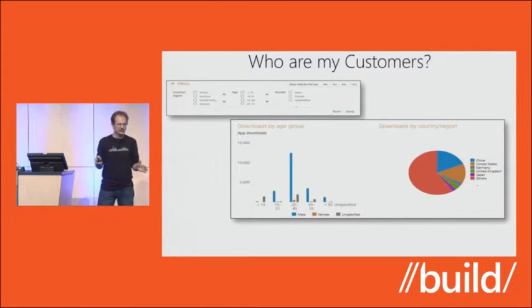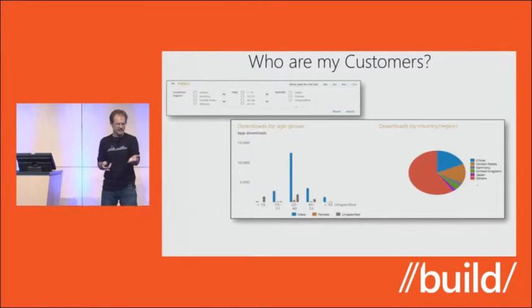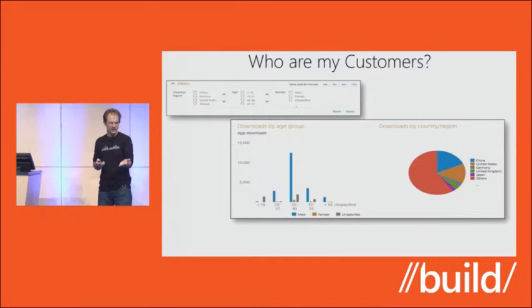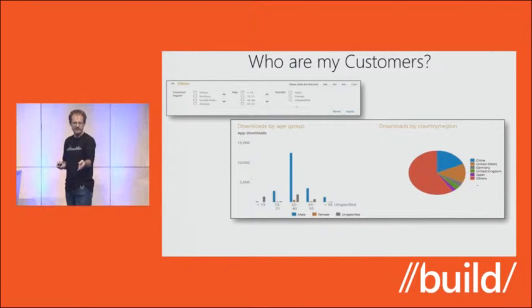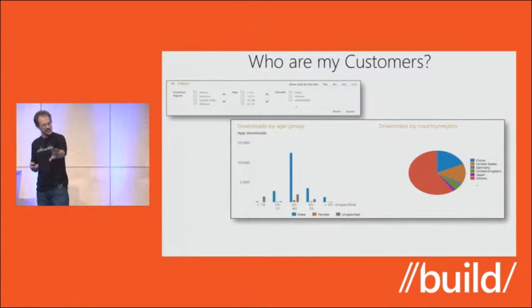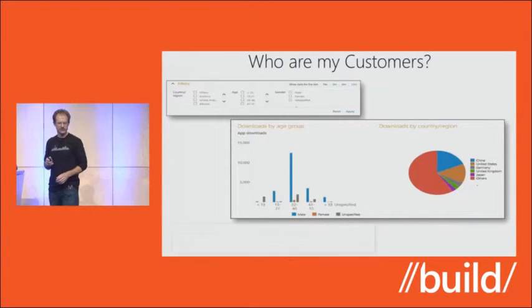And so when you do that, you'll see charts here. For the example that I've shown here, you can see that the male gender is the predominant one in the 22 through 40 age group. And then looking over at the left, you can see by country and region, you get an idea of which country or which region my downloads are coming from.